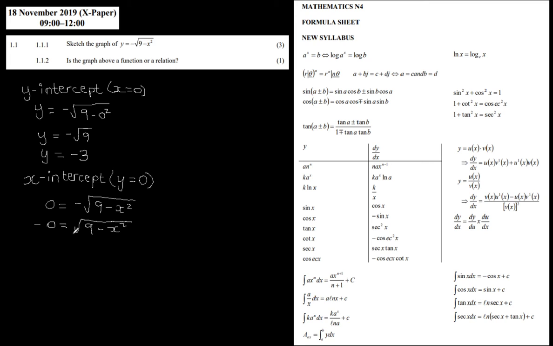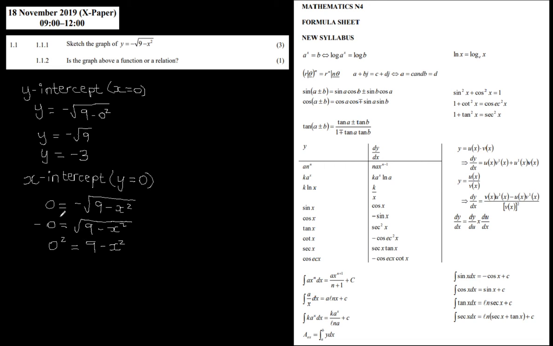The next thing that I have to do is get rid of the root. To get rid of the root, I square both sides of the equation, meaning that 0 squared, whether it's negative 0 or 0, will then be 9 minus x squared. And again, remember that we cannot split the root of 9 minus x, as that is one function within the root.